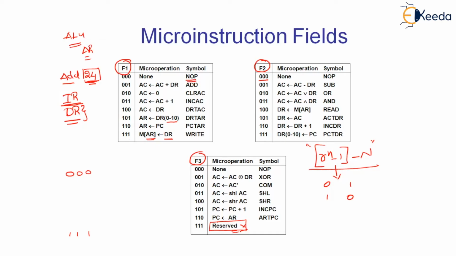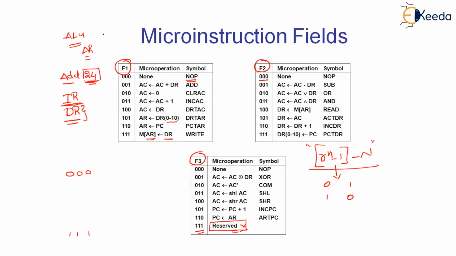When you say this is reserved, in future, if we want to update our microprogram, at that time, we may add one more micro operation in 111. This 111 may be loaded with one more micro operation whenever we update this microprogram. That is the reason why it is called reserved. Okay, this is all about the micro instruction format.